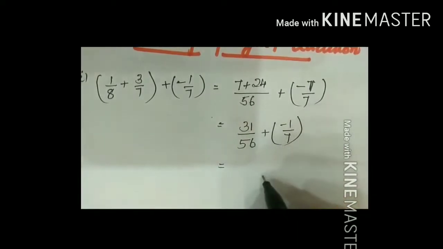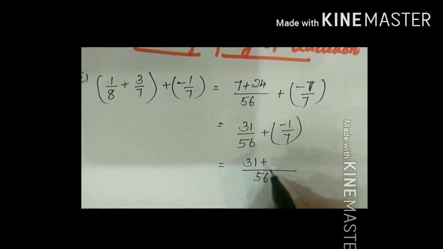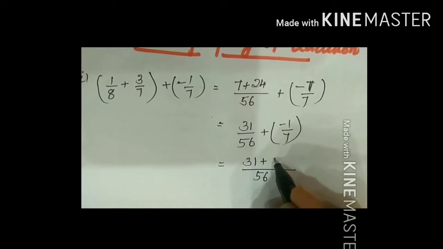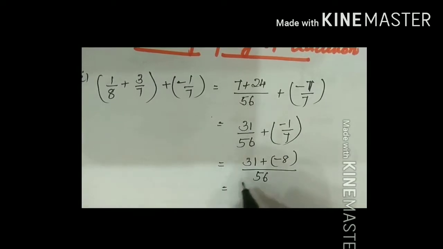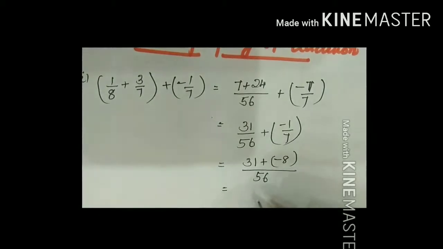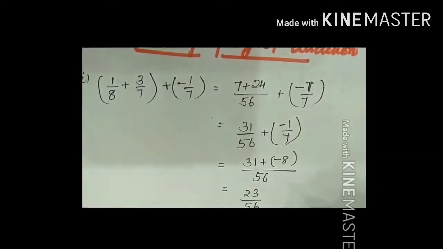LCM of 56 and 7 is nothing but 56. Okay, so the numerator of the first fraction will be the same, 31. Here 7, so 8 7s are 56. So 8 into minus 1, which is minus 8. So that is equal to 31 plus minus 8, which is equal to 23 by 56. This is the result. So I have added, taking first and second, then with the third one.